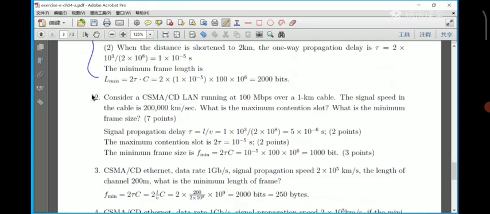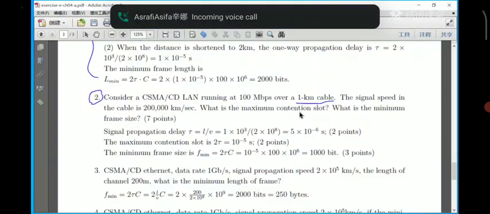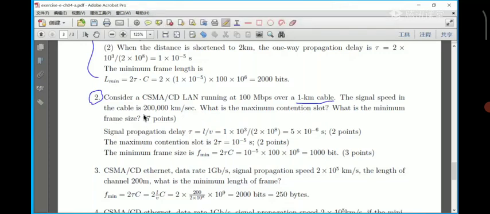Consider question 2. Consider a CSMA/CD LAN running at 100 Mbps over a 1 kilometer cable. The signal speed in the cable is 200,000 kilometers per second. What is the maximum contention slot?